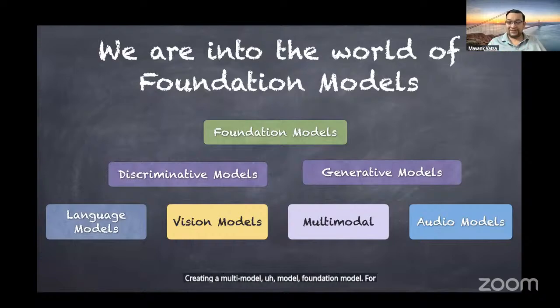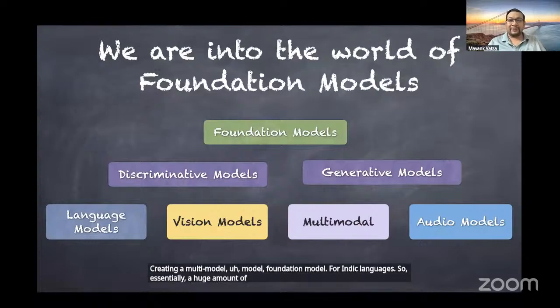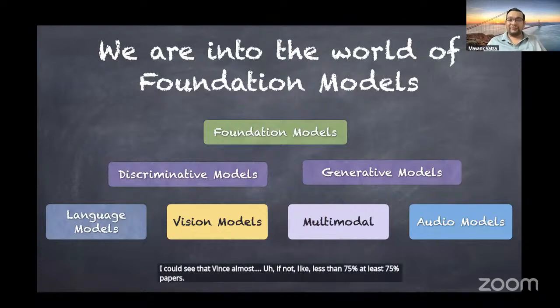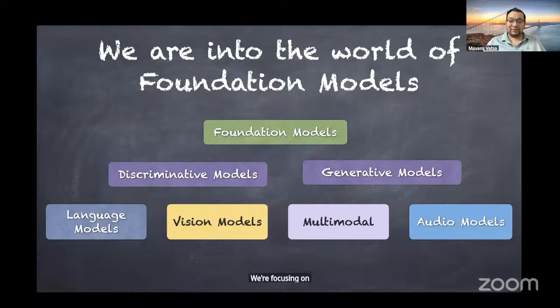A huge amount of progress is happening, and I was recently at CVPR, and I could see that at least 75% of papers were focusing on one way or another of doing foundation models.